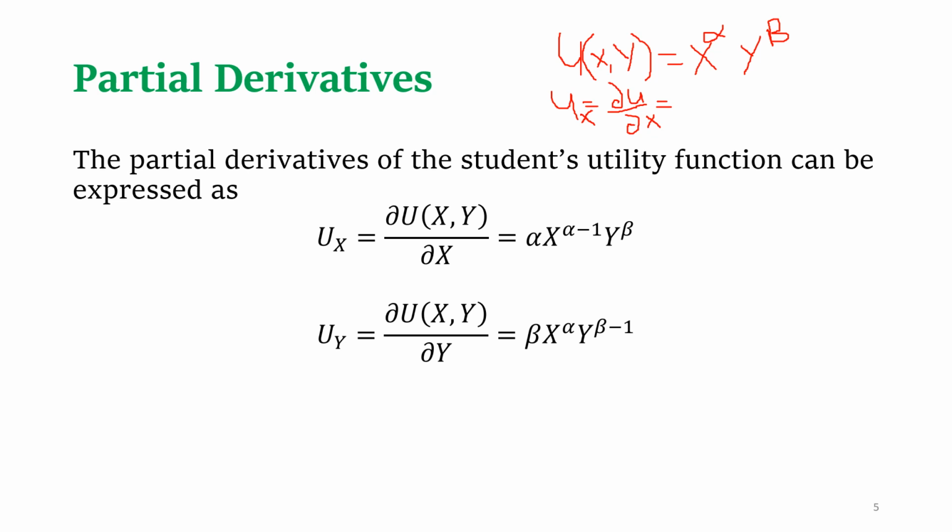So, alpha here is the exponent. So we are going to multiply this whole term, x to the alpha, y to the beta, by alpha. That is the first thing we're going to do. And then we have our x. Now, do we have to leave alpha as it is? No, we have to subtract 1 from that.